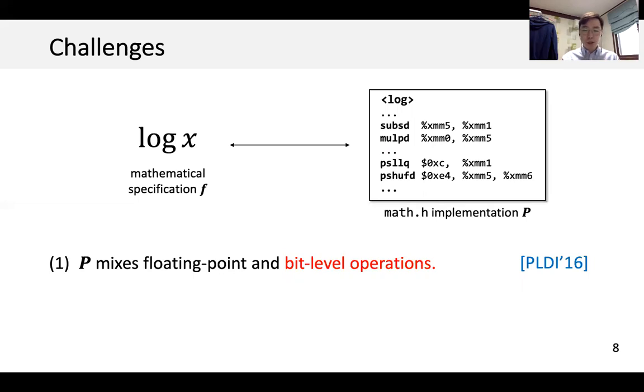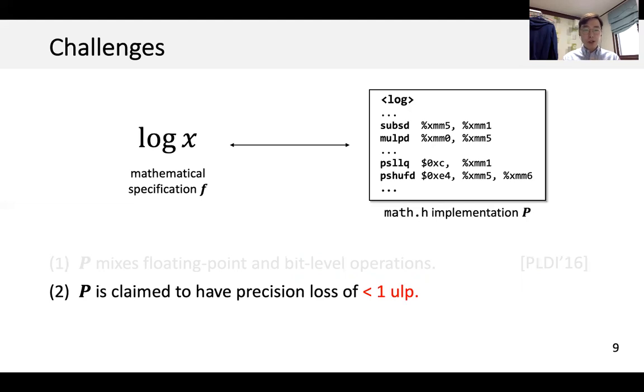I'd like to move on to the next challenge, which is that floating point implementations are usually claimed to have very low precision loss, namely less than 1 ulp error.